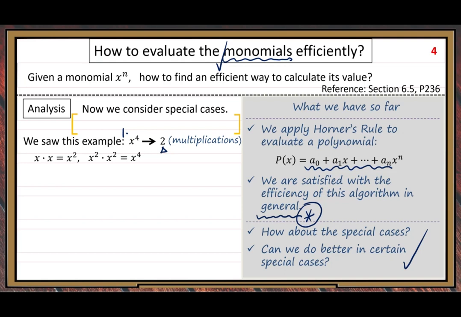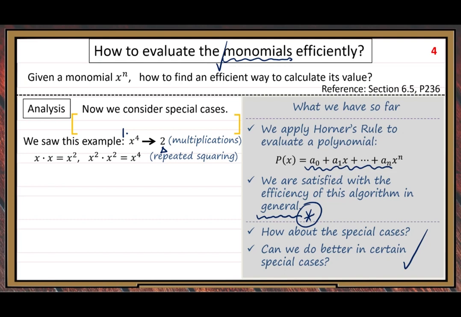The reason is that we skip x to the 3rd. We don't need to calculate x to the 3rd, so we save 1 multiplication. This technique we call the repeated squaring technique. But we only repeat the squaring operation once.